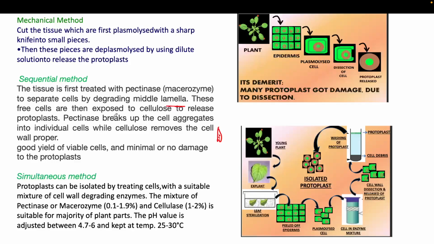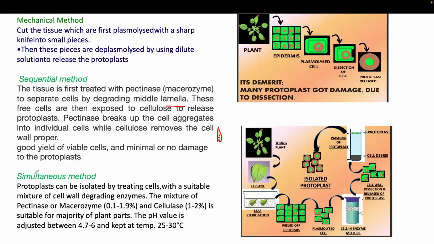This cellulose will be broken by the cellulase enzyme, so the cell wall will also be dissolved, and your protoplast will be released. This is the sequential method because we are adding these enzymes one by one.